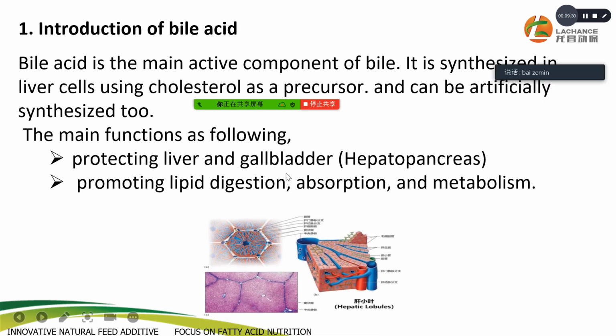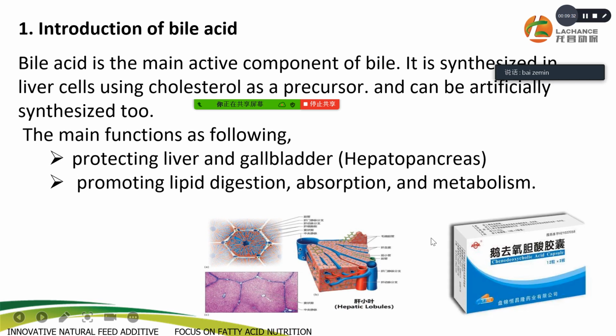Actually, in the market now there are a lot of commercial products for human beings. This is a commercial product from a Chinese company for humans, a cholic acid capsule. Of course, in aquaculture, we also use this kind of product.